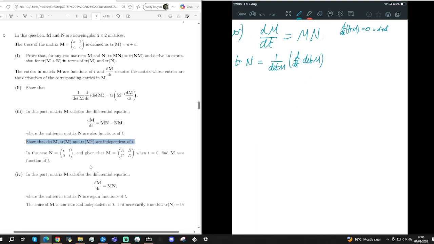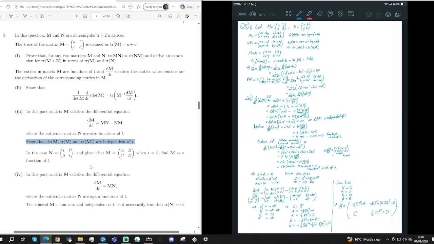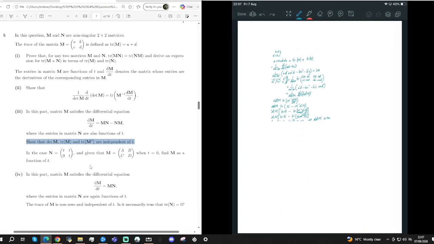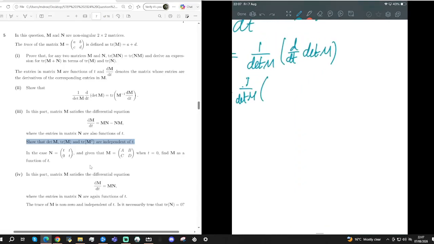I could now differentiate m, determinant of m. So this is 1 over det m times, and I've already differentiated that once, which is that combo there. So that's the AD, that's the A dash D plus AD dash minus B dash C minus BC dash.